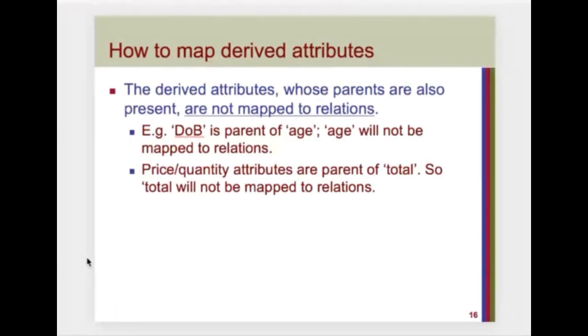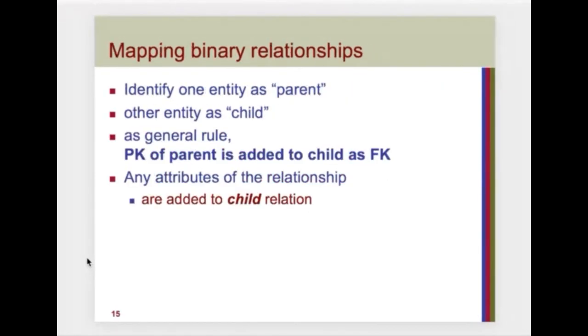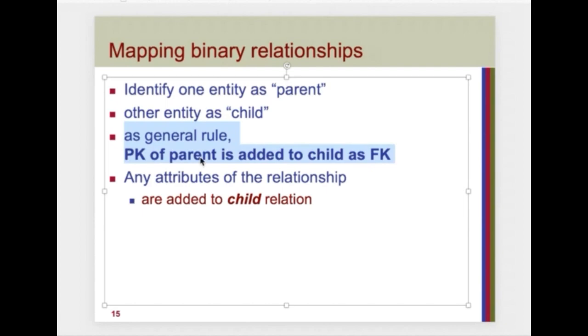Similarly, we learned that whenever we have a binary relationship, meaning a relationship between 2 entities, we should find one of them as parent and the second one as child, and we always add the primary key of the parent into the child relation, and there it becomes a foreign key.